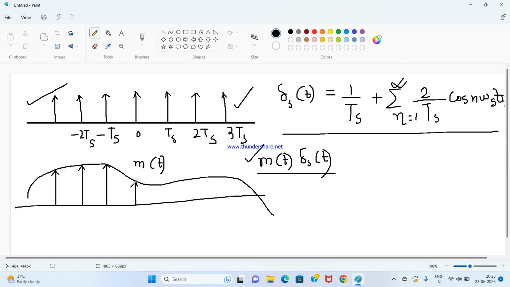This means that the signal m t is sampled at the time interval of Ts.